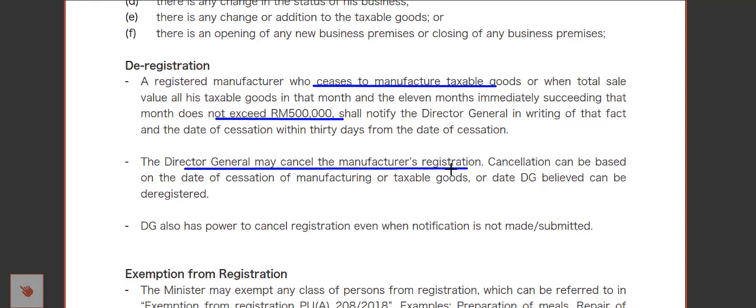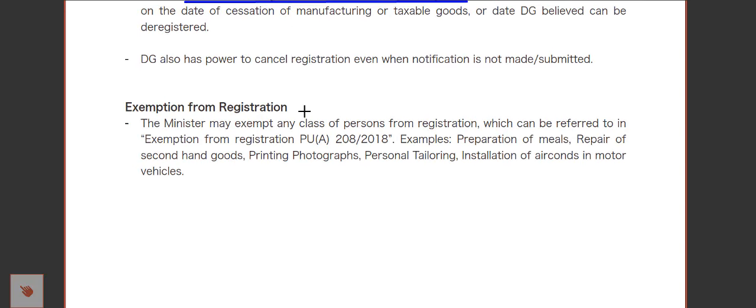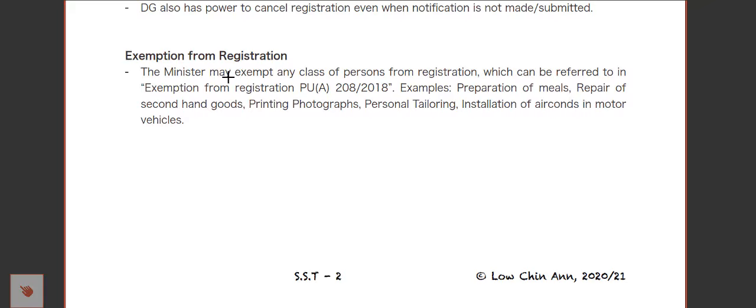And of course, once he has canceled, then you are no longer registered under sales tax purpose. Okay. Now we do have exemption from registration. Okay. So you'll be exempted from registration, meaning whatever things that you make, you will not need to charge sales tax. Okay.